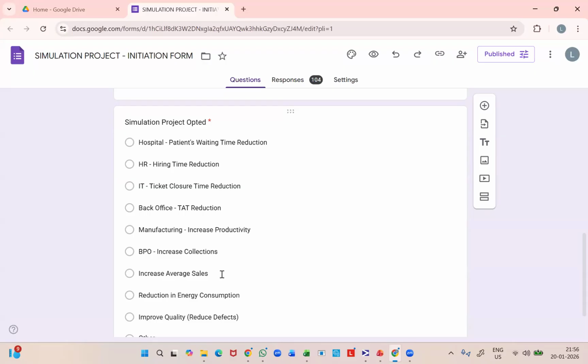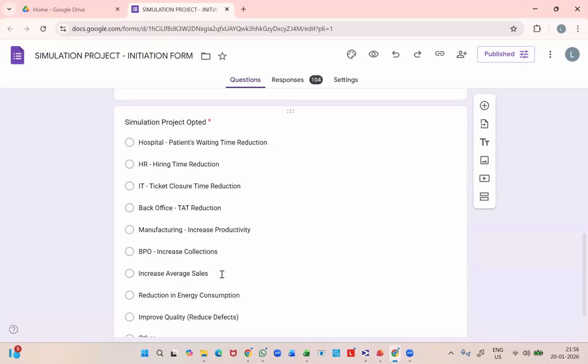Then we can come up with the causes and the solutions, and we can also cook up some data to show the improved performance and then close the project. That is what we will do in a simulation project exercise. It should not take much time, but that itself will provide you with good experience as to how you can implement all these learned tools and techniques.